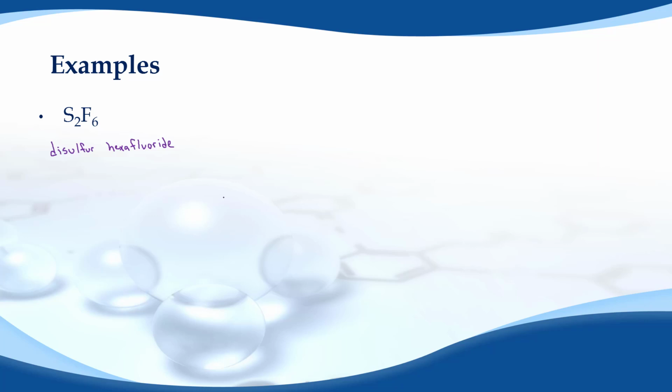Now, one thing you'll notice is that if your prefix ends with a vowel and your element name begins with a vowel, you can usually drop the vowel from the end of the prefix. So for the one on the right, we have tetranitrogen decoxide, or decaoxide. You can actually drop that A at the end of the prefix occasionally.